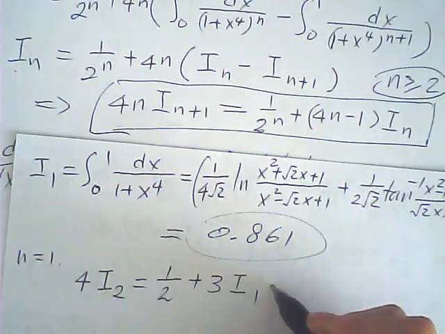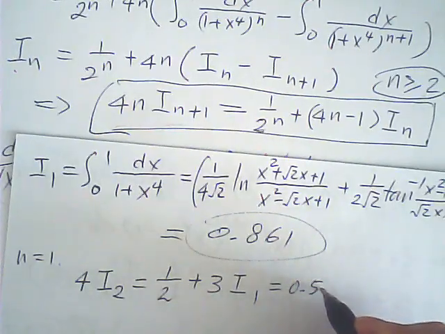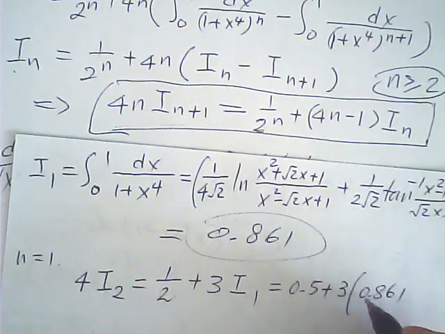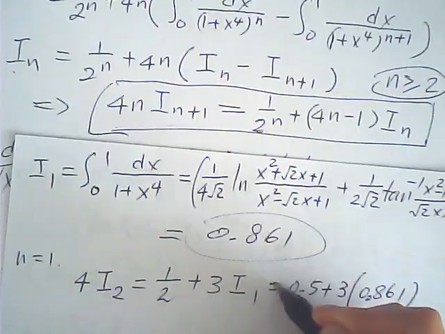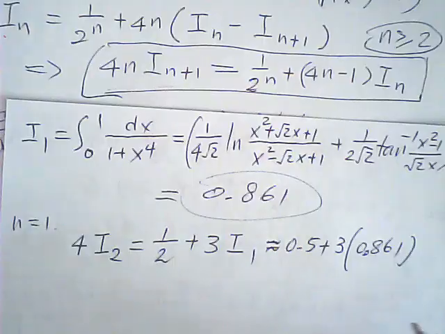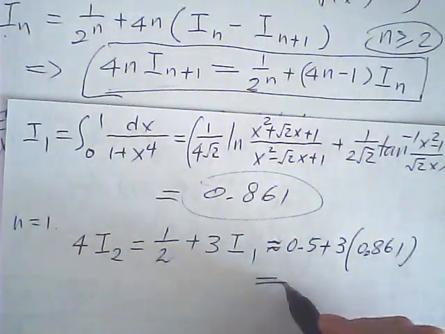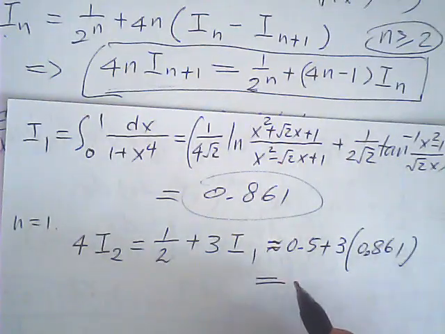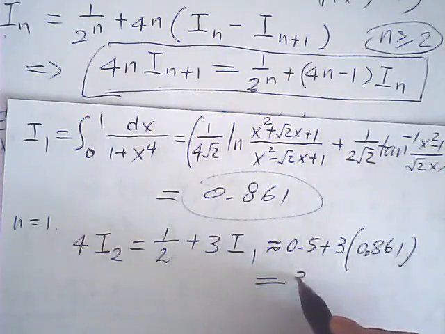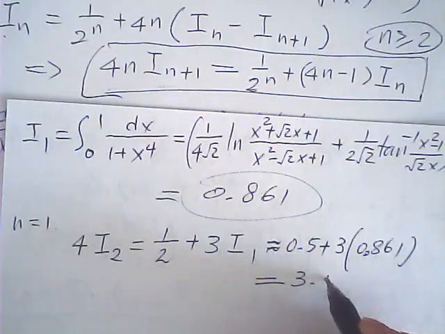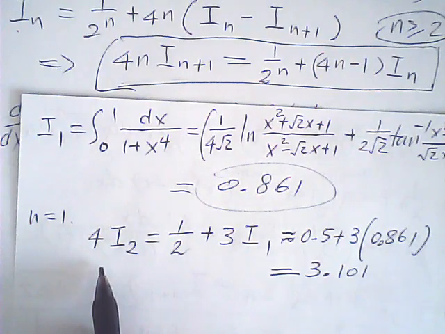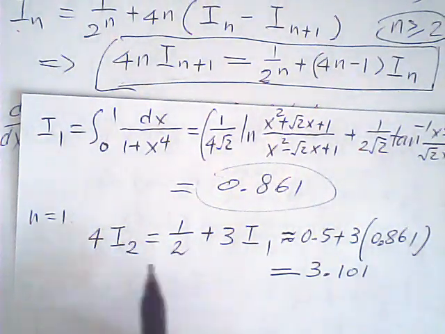Yeah, it's correct. So this is equal to 0.5 plus 3 times 0.86. Now that's approximation. Okay. Then this is equal to 3.101. So this is my 4 I2.